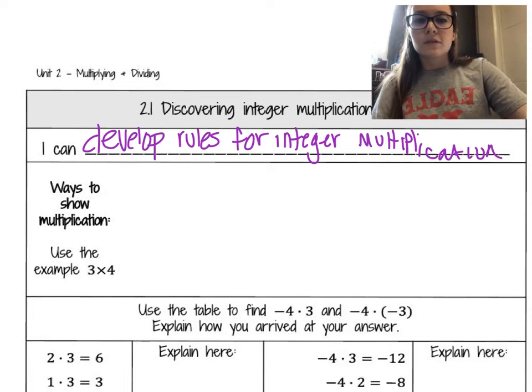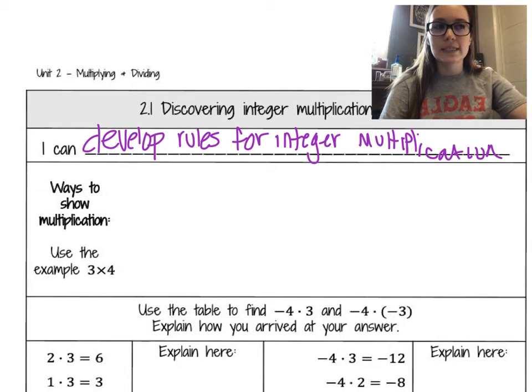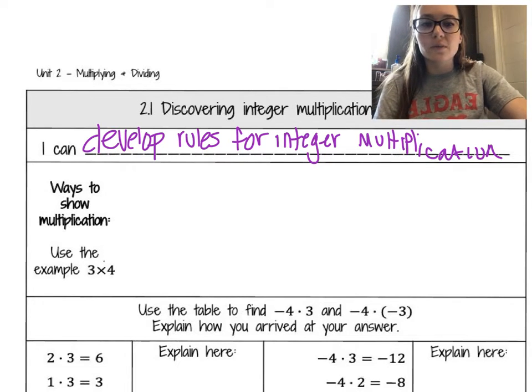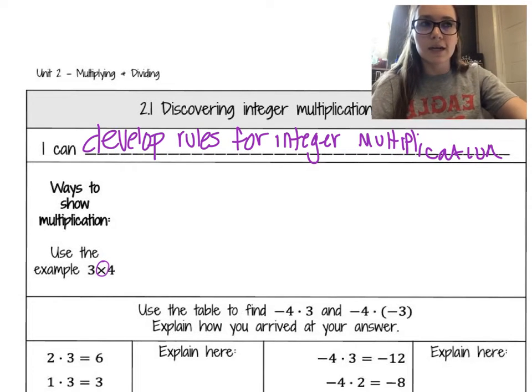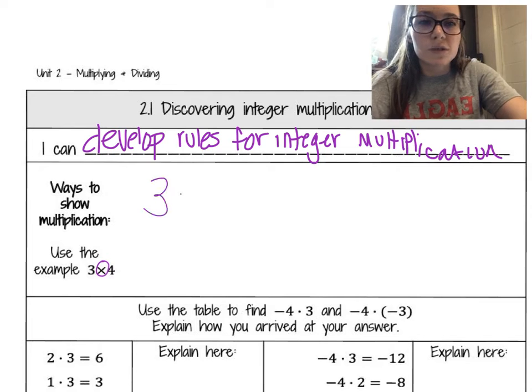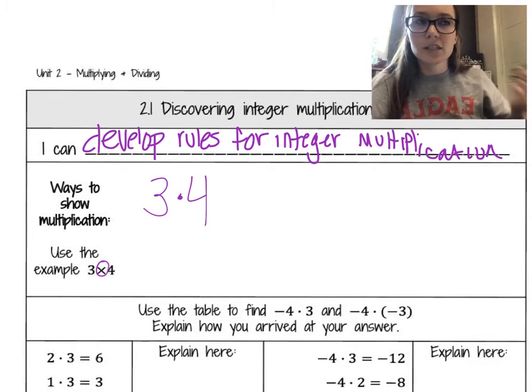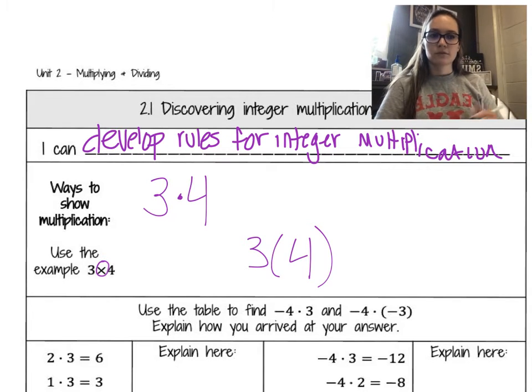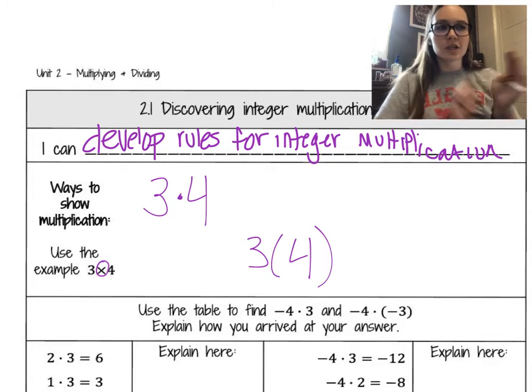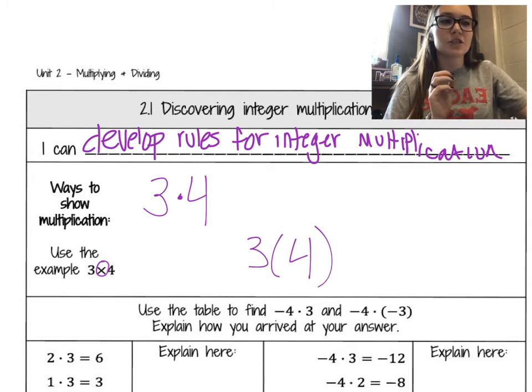But first, there are different ways we see multiplication. It's not always with the little X operand. Sorry, that was the bell. Okay, we see multiplication a bunch of different ways. So using 3 times 4, we can also use the dot. That's the one I use most often. We can use parentheses. So if I see 3 and 4 touching with parentheses, that means multiplication.